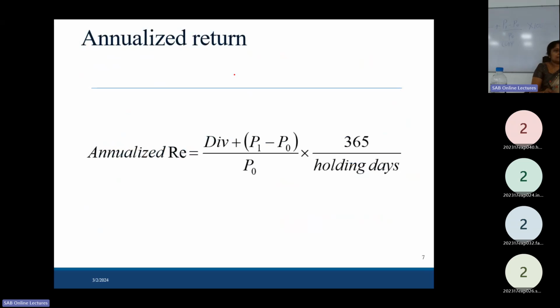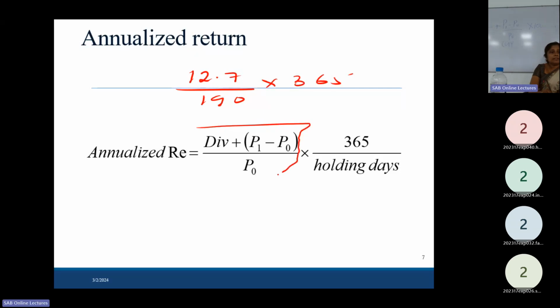Here your holding period return was 12.7, divided by 190, multiplied by 365. This is the formula: holding period return divided by holding days multiplied by the number of days per year.